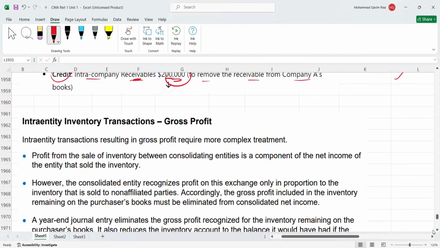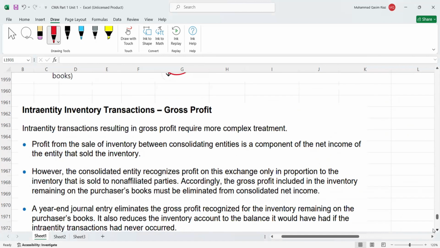Then guys, let me tell you one more transaction which a parent or subsidiaries may have between them. That is called intra-entity inventory transactions. Please remember, for example, if we have a parent company and a subsidiary company, the parent may sell some inventory to the subsidiary, or the subsidiary may sell some inventory to the parent, right?